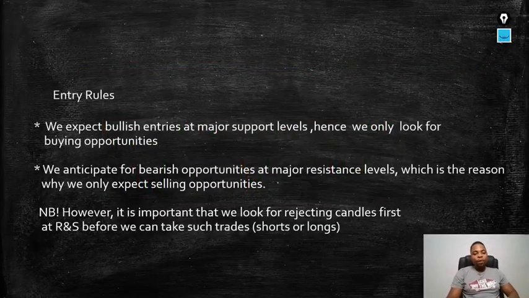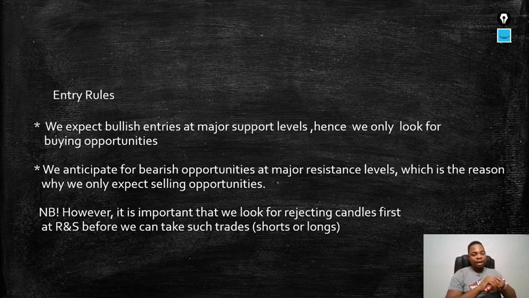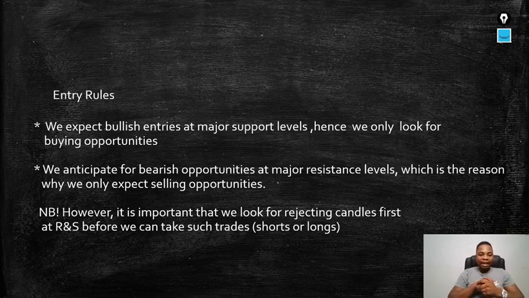Now we are going to be embarking on the entry rules that you are expected to use when you trade support and resistance on NAS100. We expect bullish entries at major support levels, hence we only look for buying opportunities. That's the first rule that you must always have in mind.